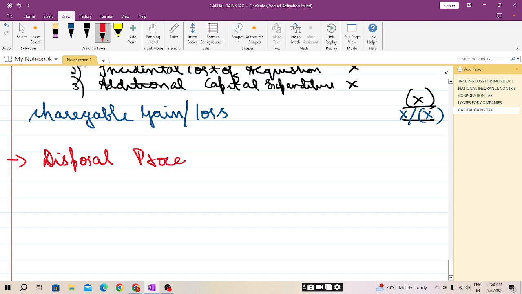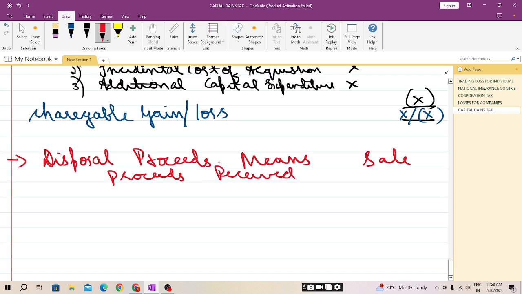So students, as we have seen, first point, disposal proceeds means sale proceeds received. I hope this is clear. And the allowable selling cost will include the cost which we have incurred in order to sell the asset.